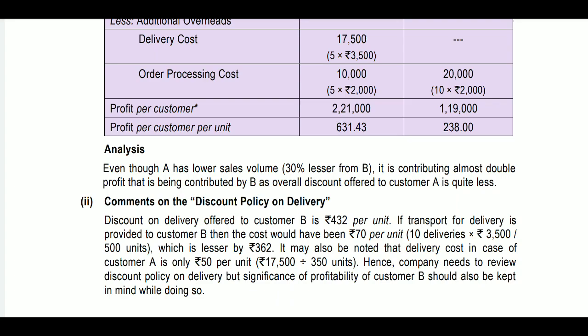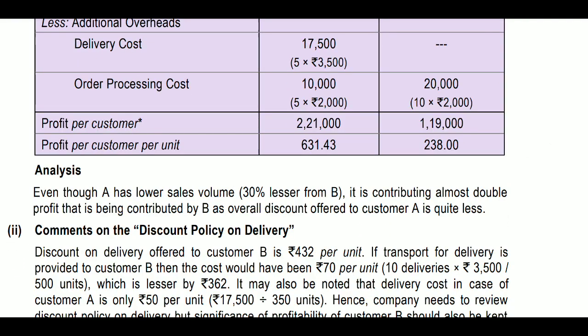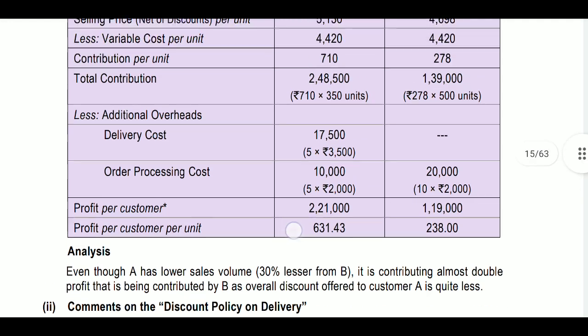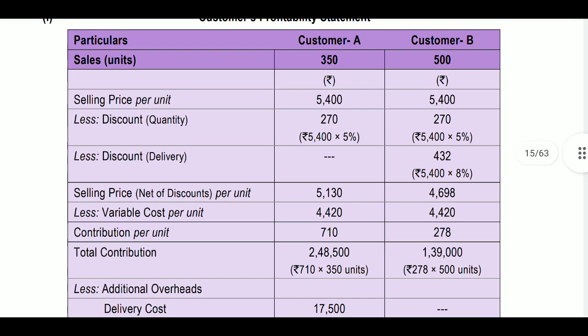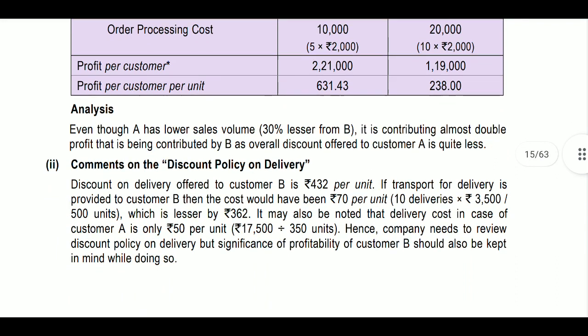As we see here, the profit is 2,21,000 from customer A alone, almost double the profit contributed by B. The overall discount offered to customer A is quite less, because we are providing more discount to customer B, that is the delivery and processing cost discounts. Next, comment on discount policy and delivery.